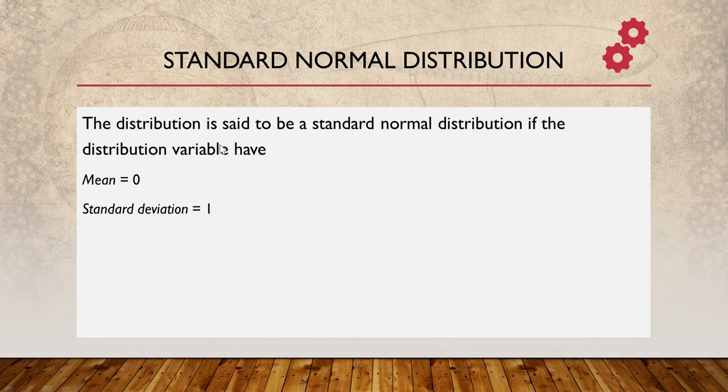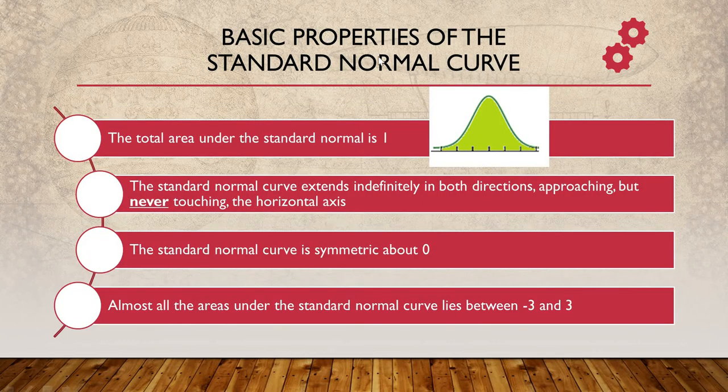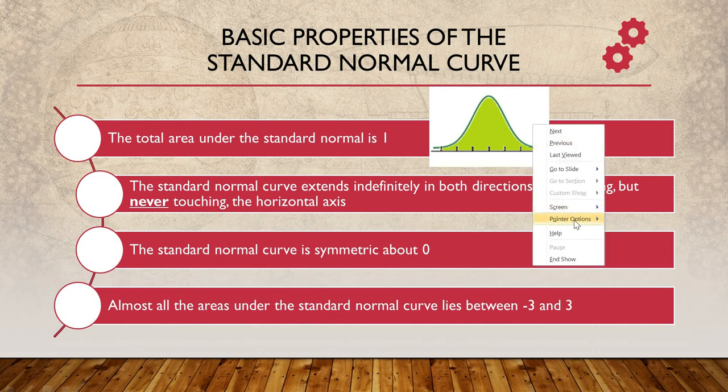So for the standard normal distribution, when we standardize, the mean is at 0, the middle part will be 0, and the standard deviation will be 1. These are the basic properties of the standard normal curve. The total area under the standard normal curve is 1.